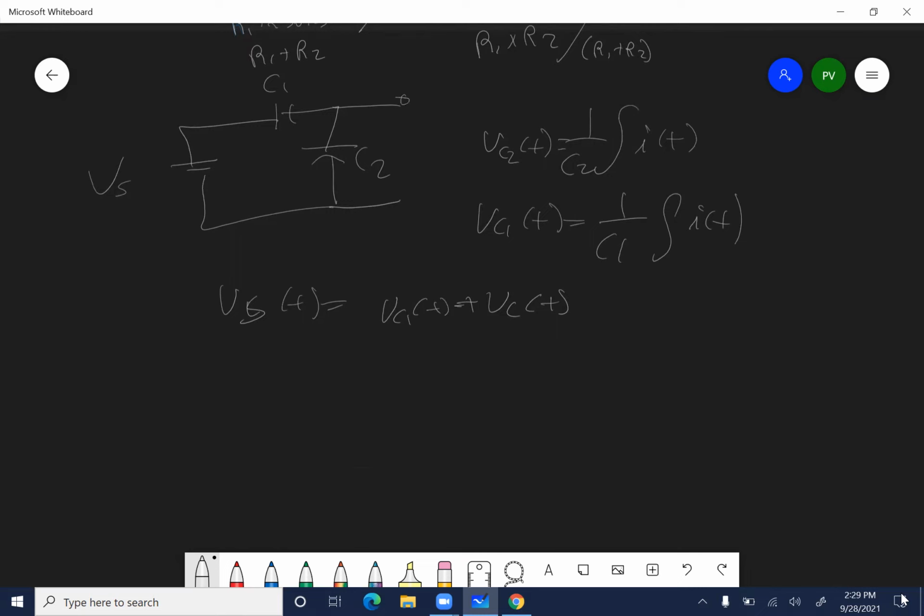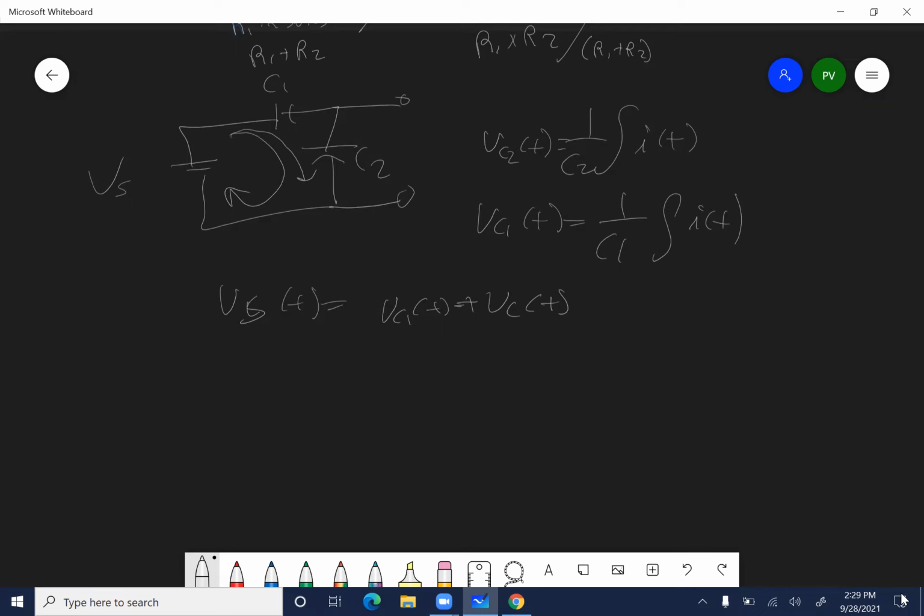Now, we're also going to assume that we don't know what the circuit is on the output, so we're looking at Thevenin equivalence. So we're just pulling all the elements out there. So we'll solve for the open circuit voltage across that element, which means that the current is just going to go through these three. It's basically a loop current.